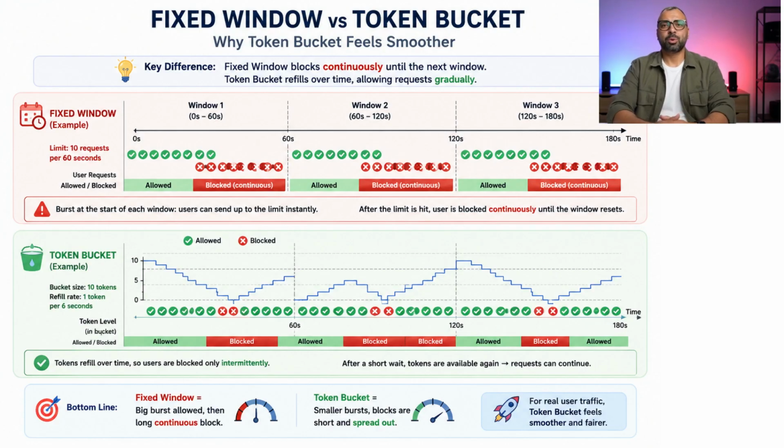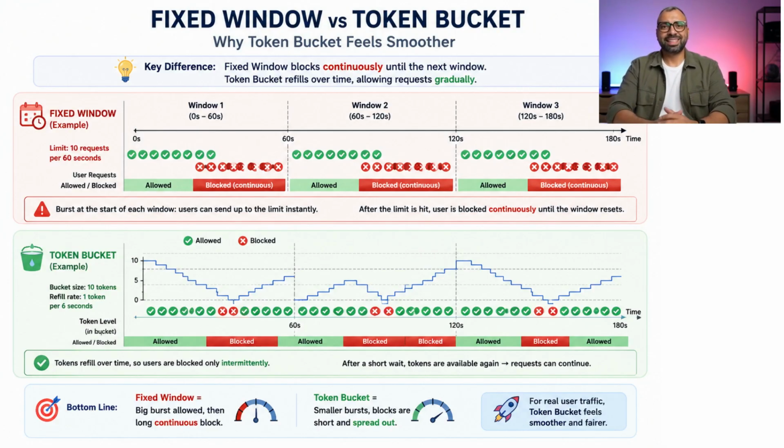Now compare that with Token Bucket. Each request consumes one token, while new tokens are added back gradually over time. When the bucket becomes empty, requests are temporarily blocked. But instead of waiting for a full reset, the user can send another request as soon as enough tokens have been refilled. The result is smoother traffic, fewer sudden bursts, and a more consistent load on your API.